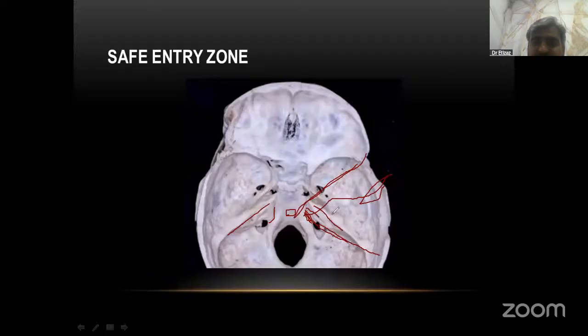We have to do the anterior petrosectomy when dealing with this. Or we have to come through the transoral approach when there is a lesion at the level of the odontoid.